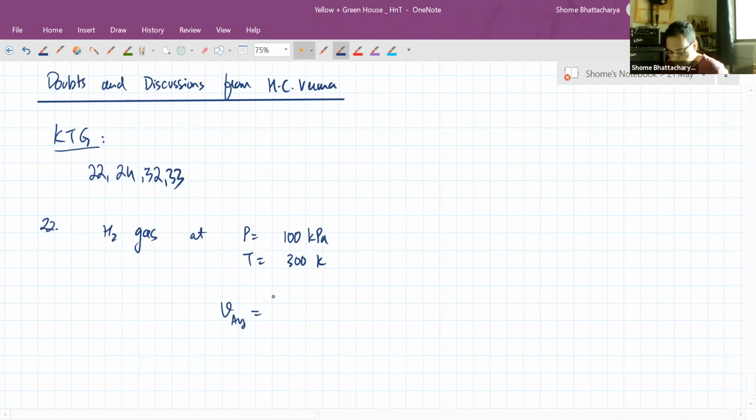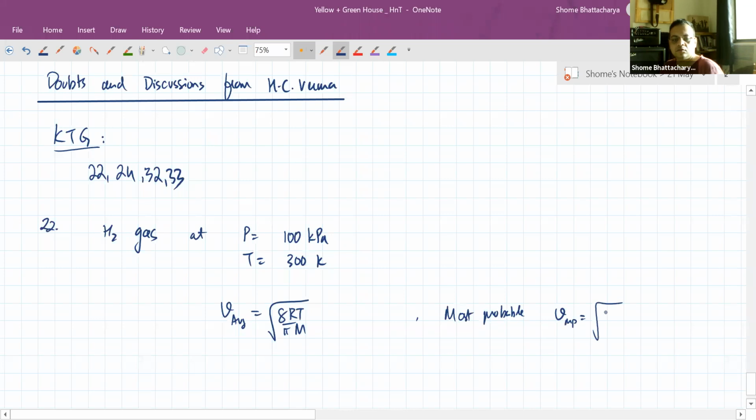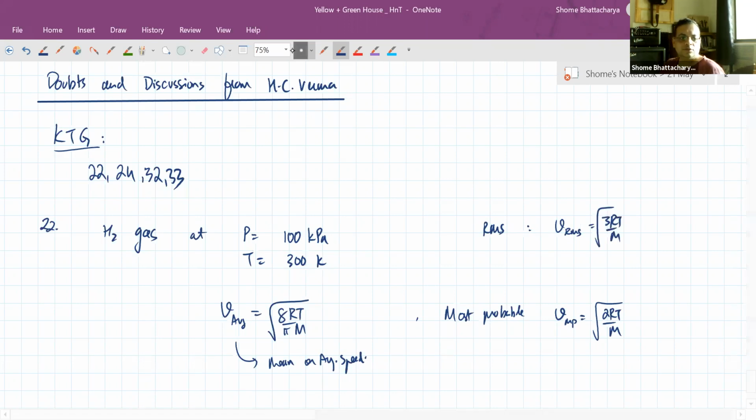So it's root of 8 RT by pi M. Whereas most probable speed was an additional formula. This is mean or average speed. And RMS, root mean square speed. So here we'll have to substitute all this.